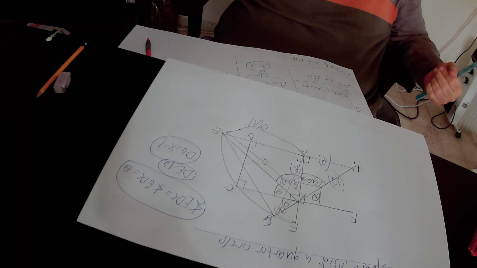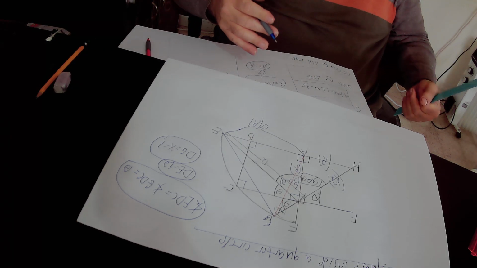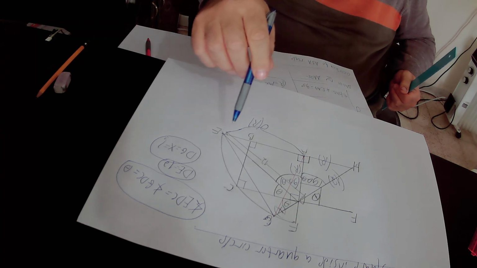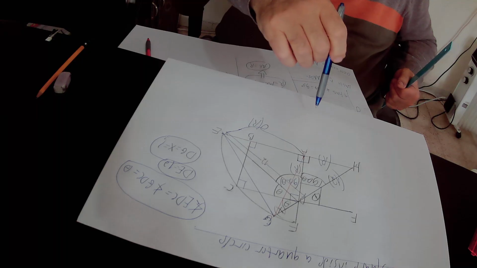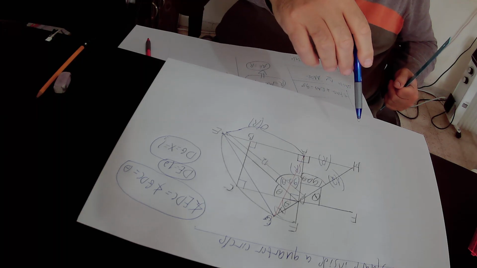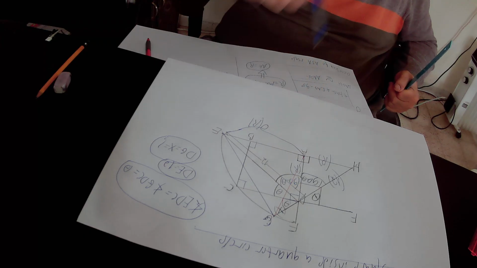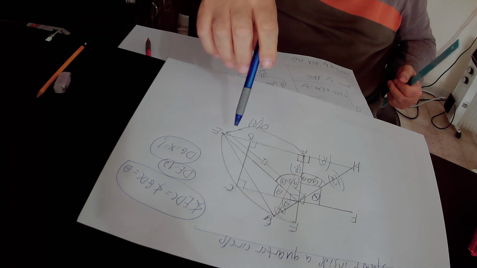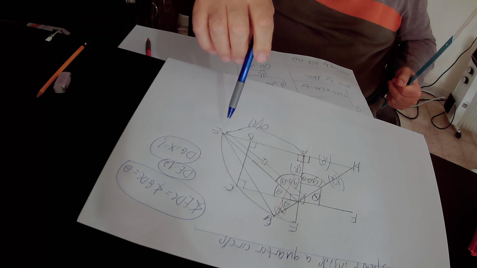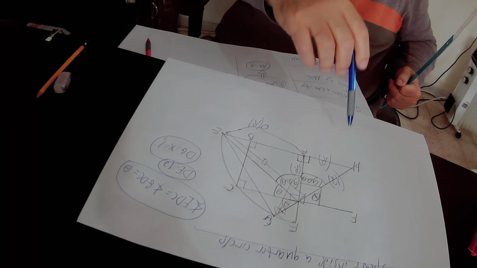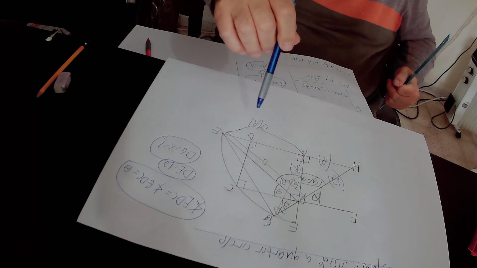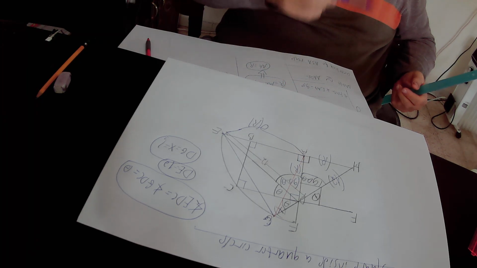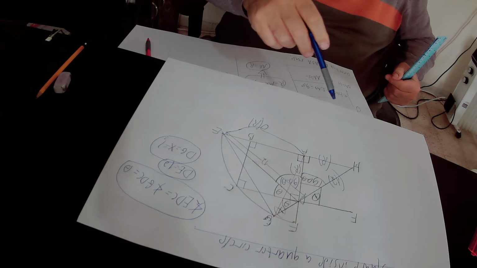But we know that any circle that blocks a triangle must pass through its vertices. Therefore, the circle that blocks triangle HGE must pass through the three vertices of triangle HGE that are H, G, and E. Okay, so we have a circle that blocks triangle HGE, and it passes through points H, G, and E, and its center is located here at point A. And what is the radius of the circle that blocks triangle HGE?